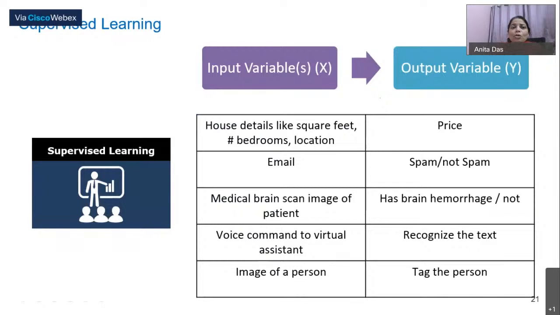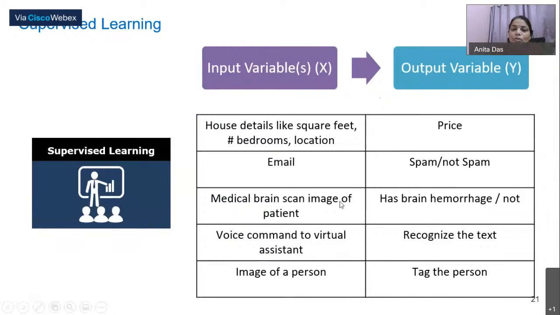When we talk about supervised learning, in the data set we see input variables as well as output variables. For example, when we predict the price of a house in a given location, the input or independent variables will be square feet, number of bedrooms, the location, who is the builder, and price, which is the output variable.